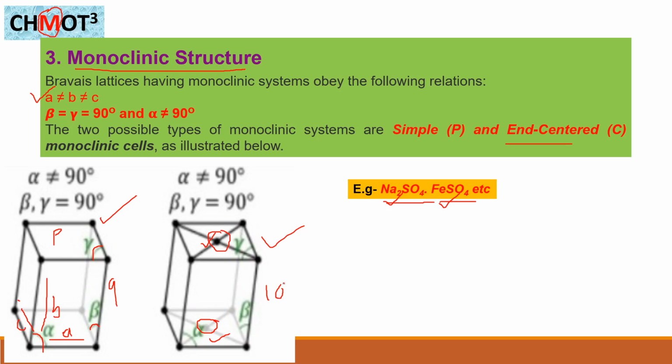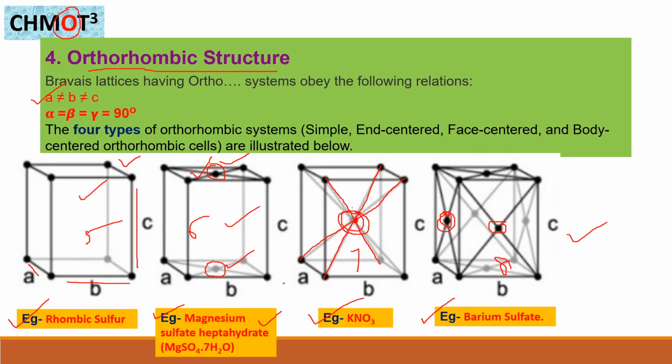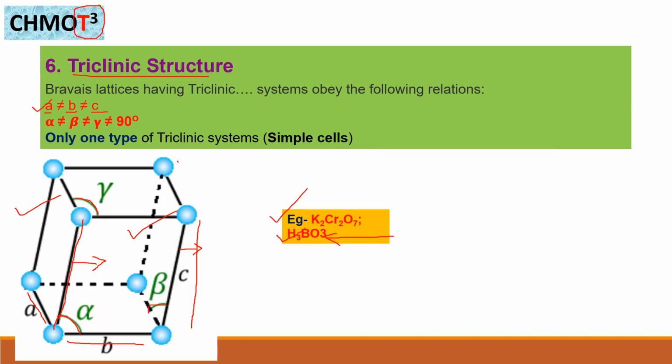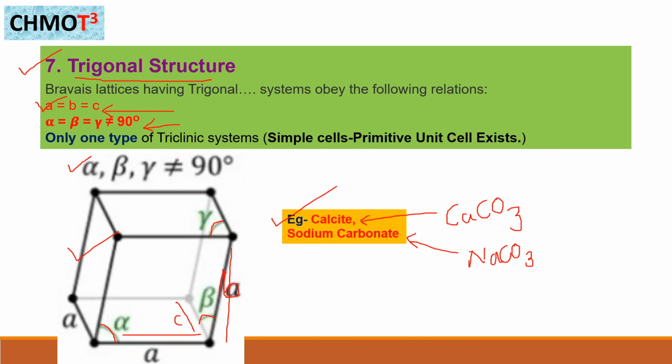Inside the monoclinic structure only 2, but in the orthorhombic structure there are 4 Bravais lattices, in the tetragonal structure 2, the triclinic structure only 1, and trigonal also only 1 Bravais lattice. So these are the 2D and 3D Bravais lattice topics we have covered here.